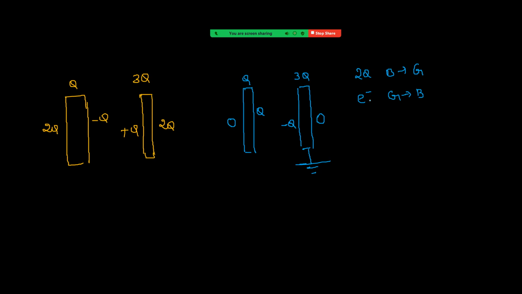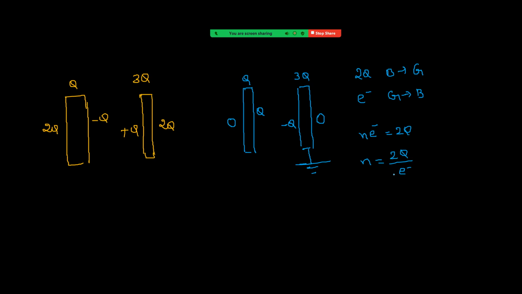How many electrons are flowing? We can write number of electrons times the charge of each electron is equal to 2Q. Then the number of electrons flowing is equal to 2Q divided by the charge of the electron.